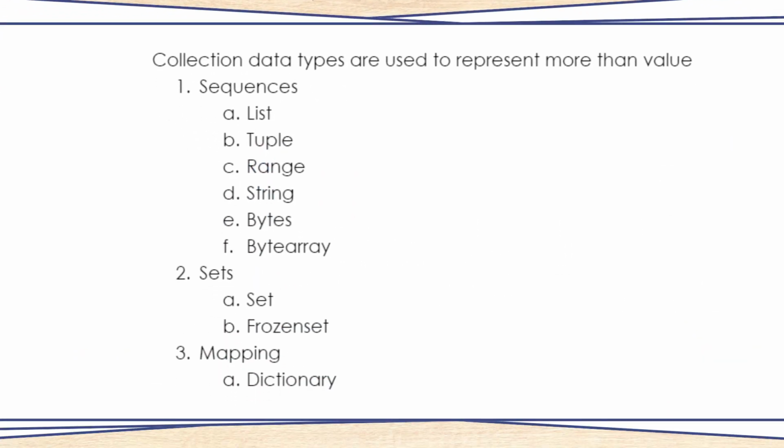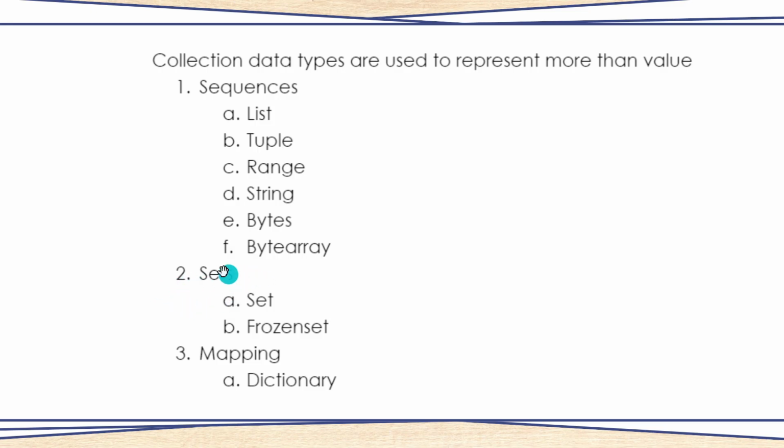Collections we have divided into three categories. The first one is sequence. Inside a sequence we have list, tuple, range, string, bytes, and byte array. These are all data types, and the type is sequence, and sequence comes under the category of collection, right? Same as we have the sets data type.